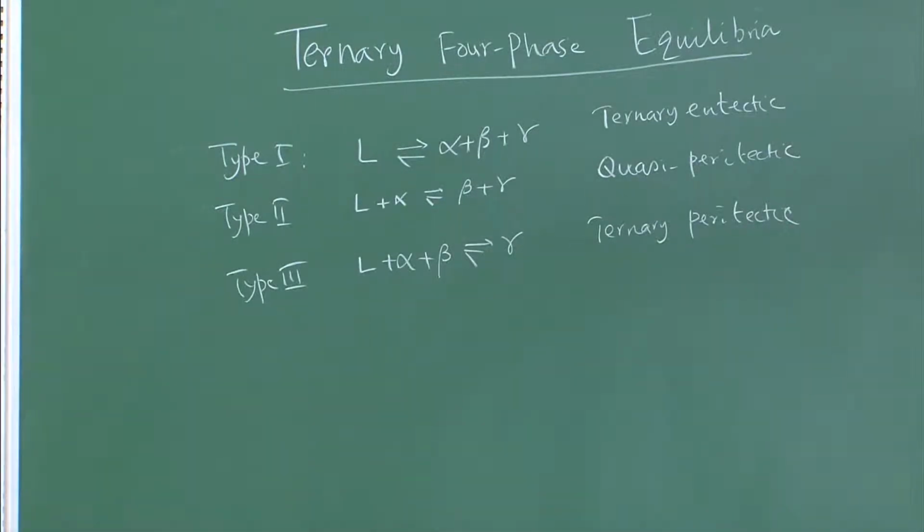As you know, this reaction, liquid plus alpha going to beta plus gamma, is a mixture of eutectic and peritectic reactions, correct. How is it a mixture? If you look at its first part, liquid plus alpha going to any single phase, whether beta, gamma, or delta, is a peritectic reaction, right.